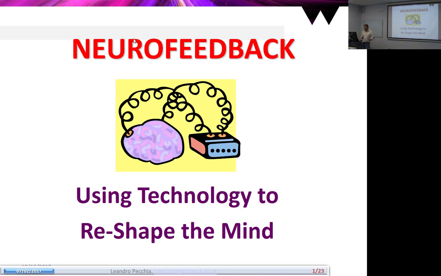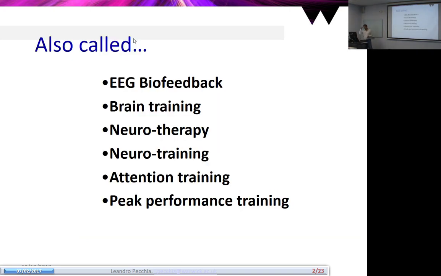And there have been attempts in even more complicated cases in which neurobiofeedback has been used in order to reduce, for instance, dependencies from drugs or other kinds of dependencies. So there is a wide range of applications. I will not go into details about the applications, but I just want to pass you the basic idea which is behind this methodology, in case any one of you is interested.